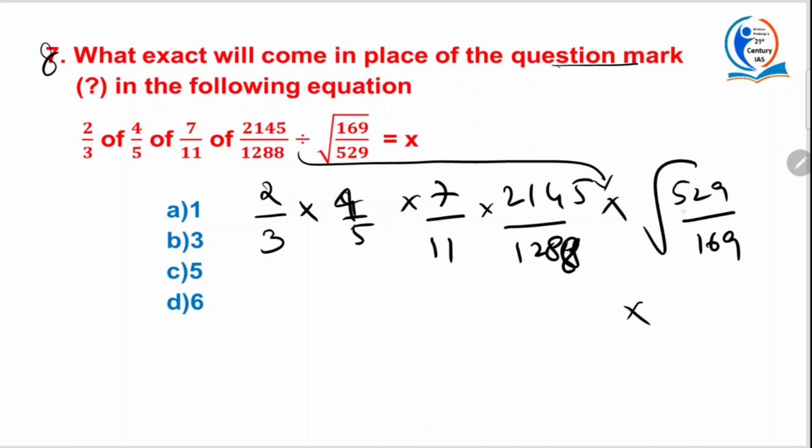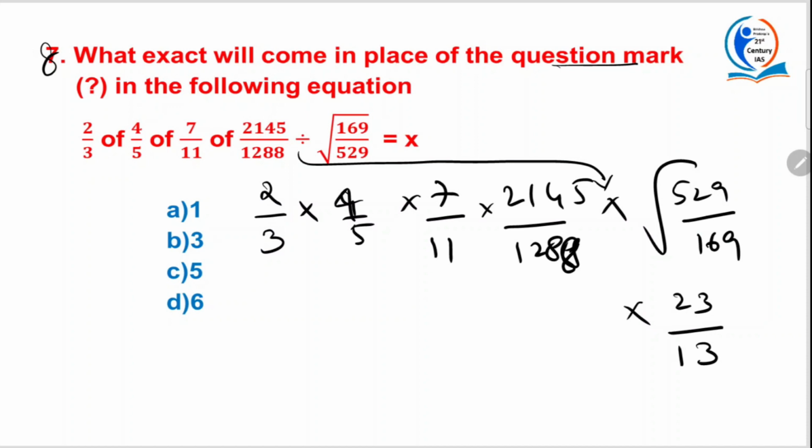Got my point? So what is root over 529? It is 23. 169 is 13, right? So that's why you have to be thorough with square numbers till 30. Alright. So 169 is 13 square. 529 is 23 square.